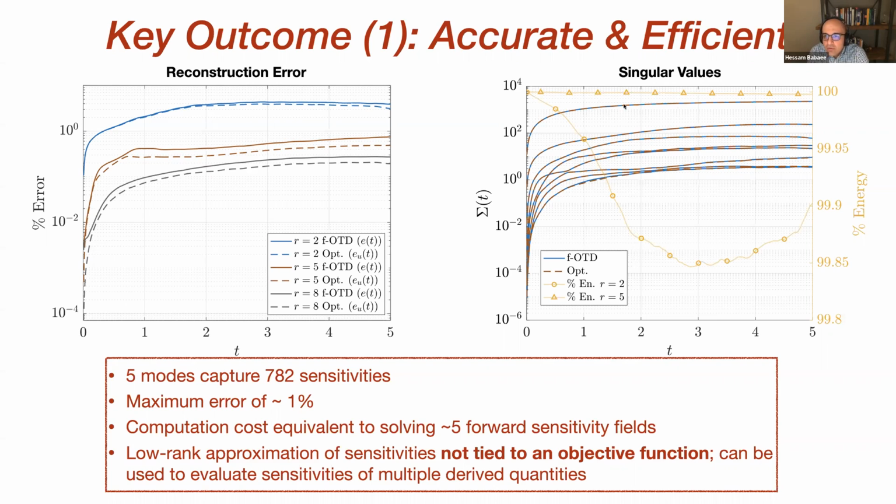And with 5 modes, we are almost near 100%. You capture 100% of the energy. But if you were to formulate this with POD type modes, you would need a significantly large number of modes, and that would be a data-driven reduction and so on and so forth.